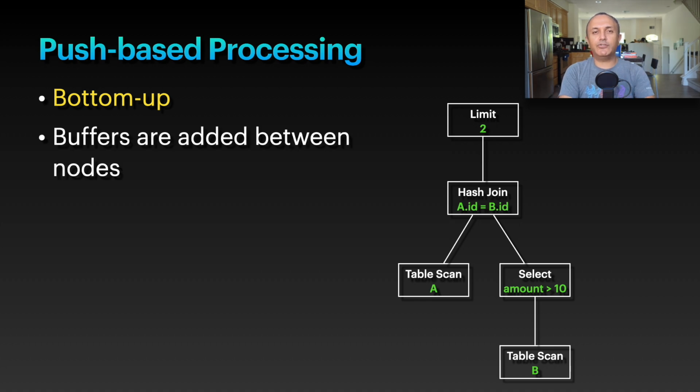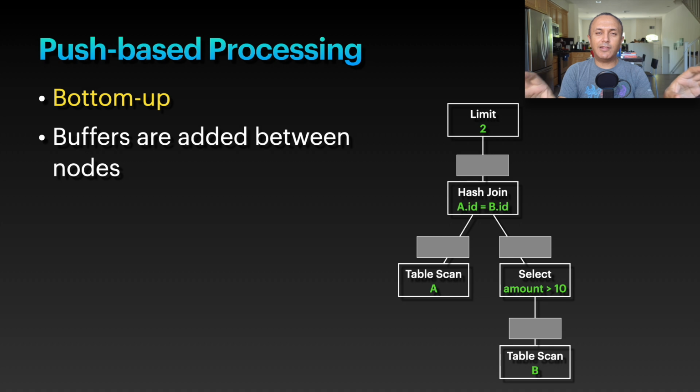In order to do that, we need to add some buffers between the nodes. Adding those buffers means that each node can independently start working, and whenever it produces data, it can just put it into these buffers. Then the nodes above, once they see that the buffers are ready or have some data in them, can also start pulling from those buffers and producing more data, putting it in the buffers above them, and so on.